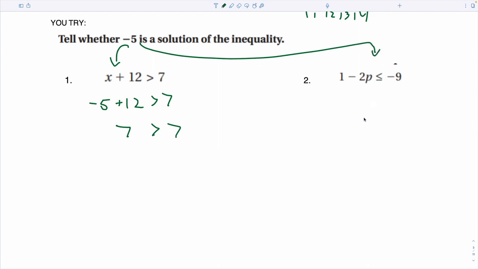What does it mean when the p is next to a 2? Daniel? The number. Great. So for this one, wouldn't it be 12? Yeah. 7 is not bigger than 7. 7 is not greater than 7.